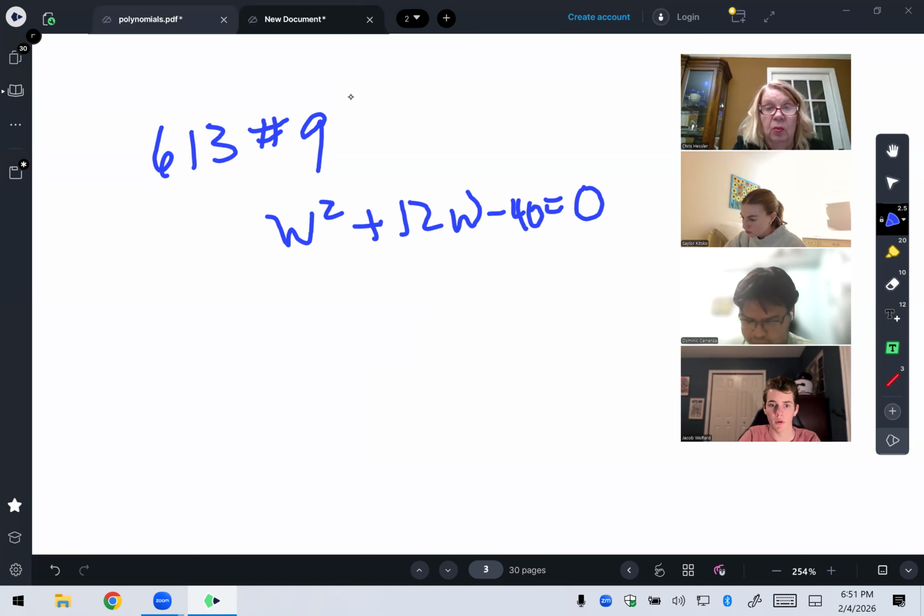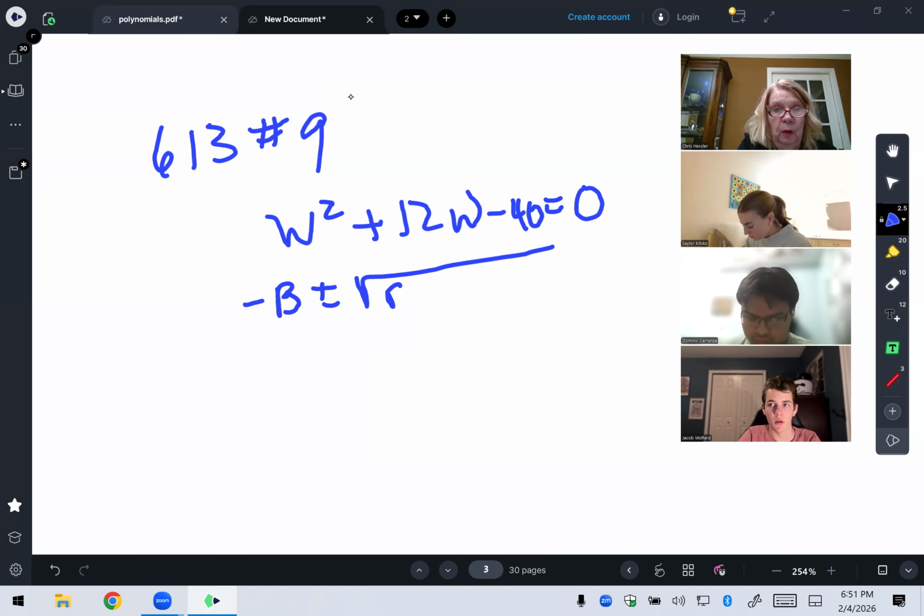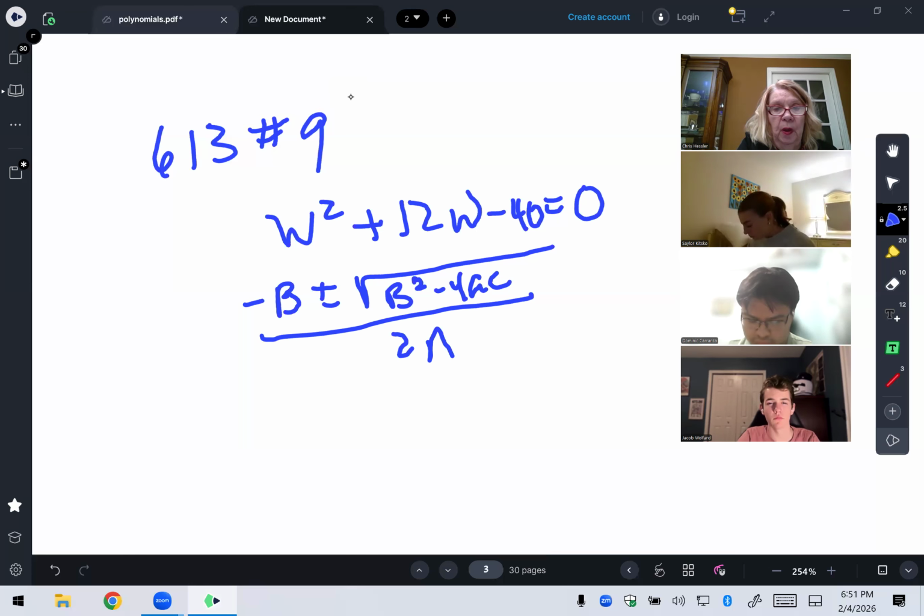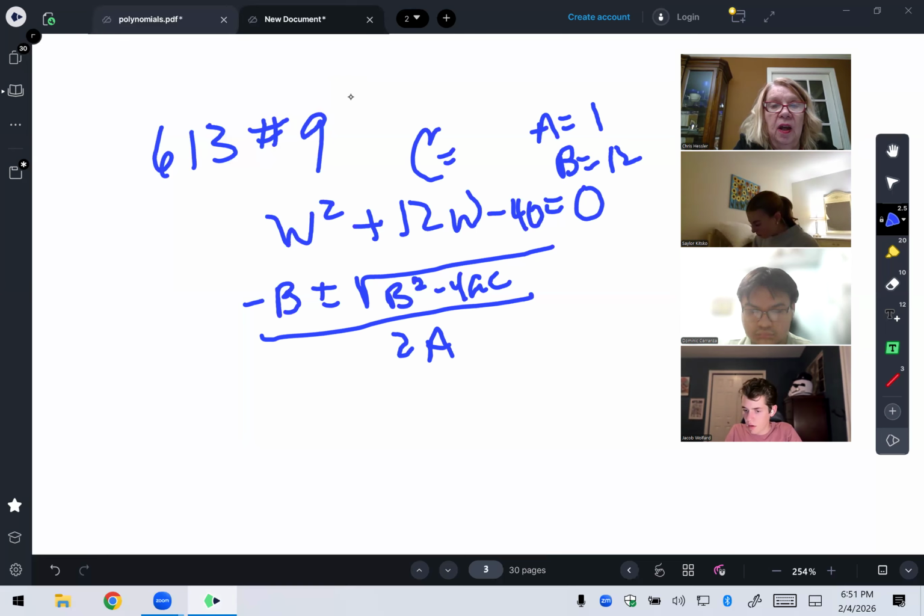So we can see we're going to need to bring out our big gun. So we need -B, and you can see if you beat me to the answer. So our A is 1, our B is 12, and our C is -40.